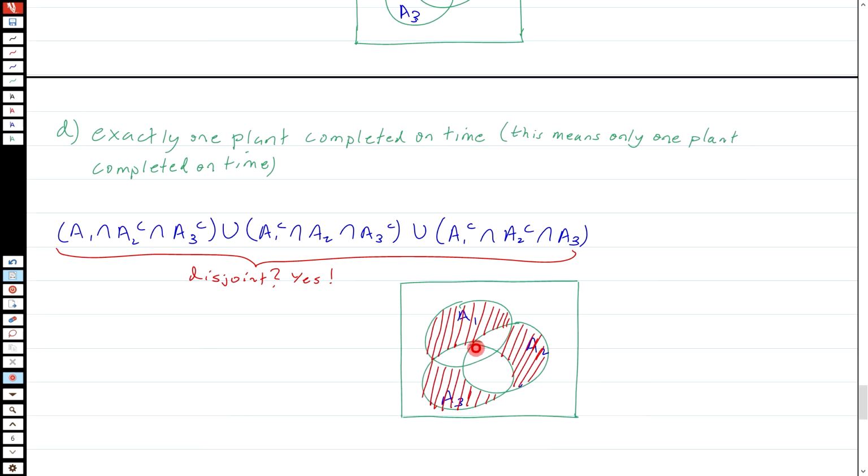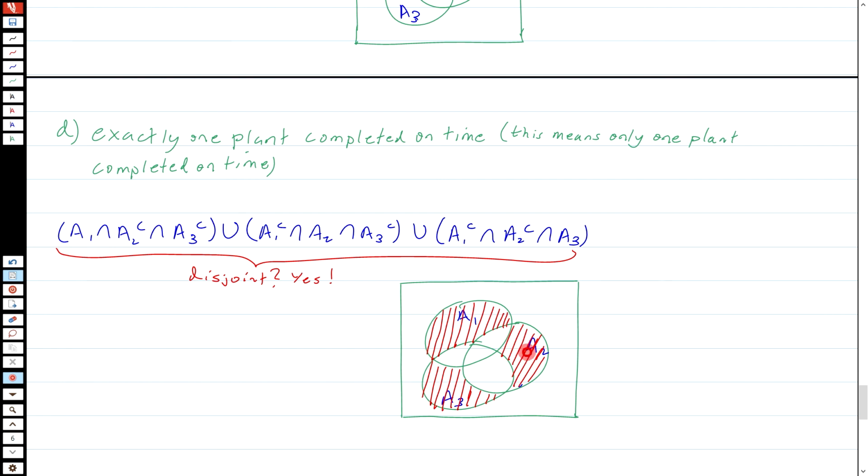We know only A1 is going to be this region here. So it's the part of A1 that's outside of A2 and outside of A3. So we could say that part is A1 intersection the complement of A2 intersection the complement of A3, and this corresponds to this region here. But we could also be here.